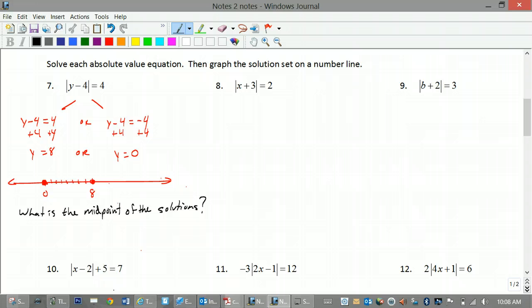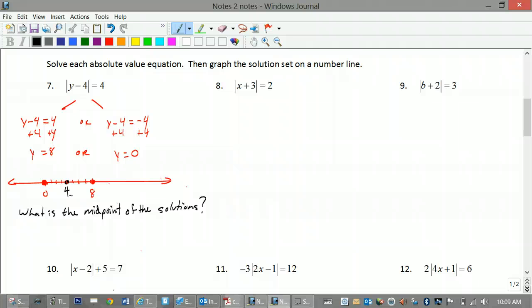What's halfway between? Where's the middle? Yes, sir. 4. Does anybody need an explanation as to how to find 4? You can count from 0 to 8. Halfway between is 4. You count 8 spots from 0 to 8, then count 4 spots, and you find the middle, which happens to be at 4.